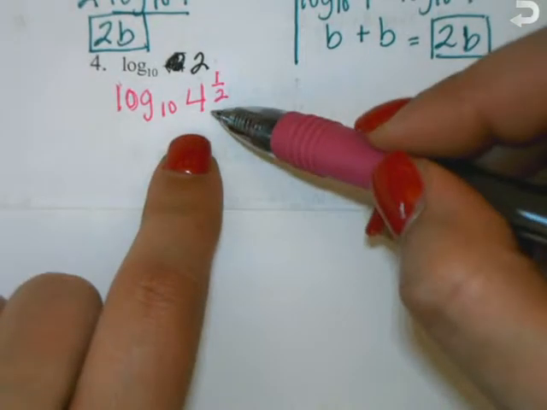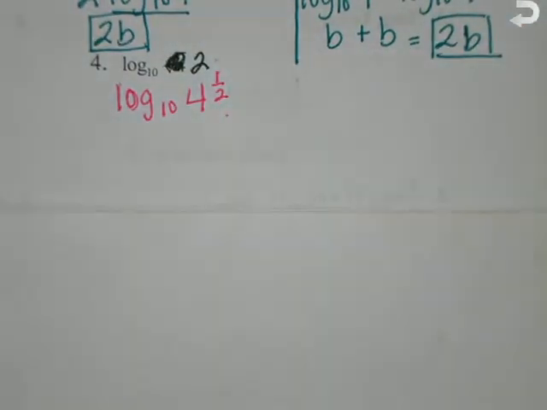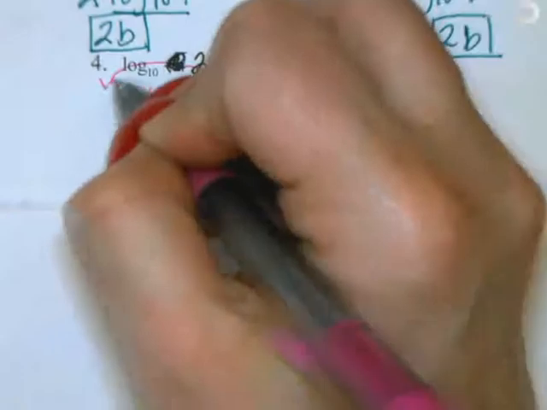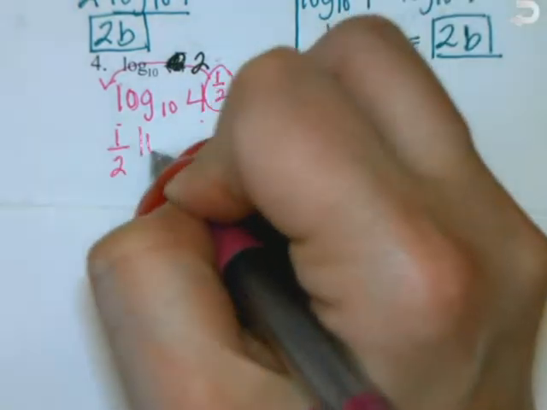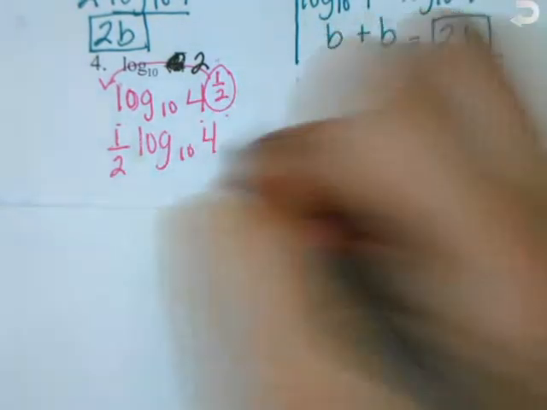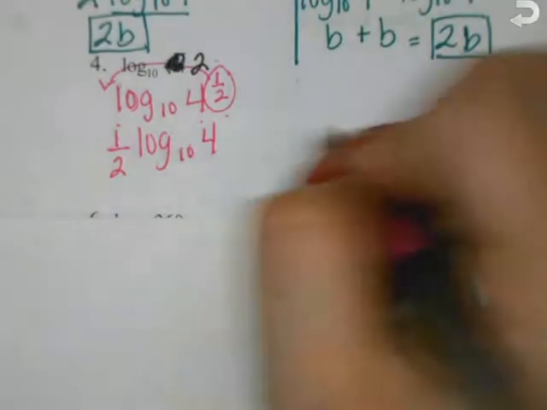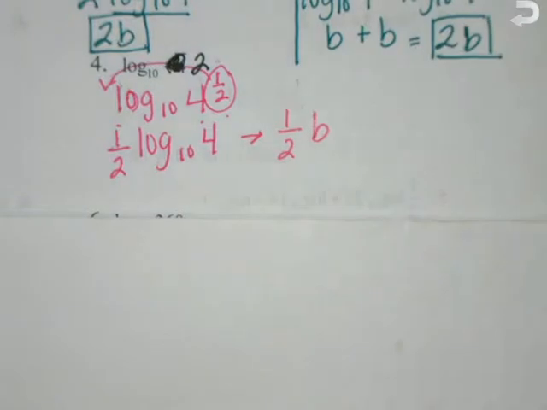Okay, so we can only plug in B when we have log base 10 of 4 by itself, so let's bring that 1/2 in front. So that's 1/2 log base 10 of 4, and now we can substitute in B. So that's going to be 1/2 of B, or you could rewrite it as B divided by 2.